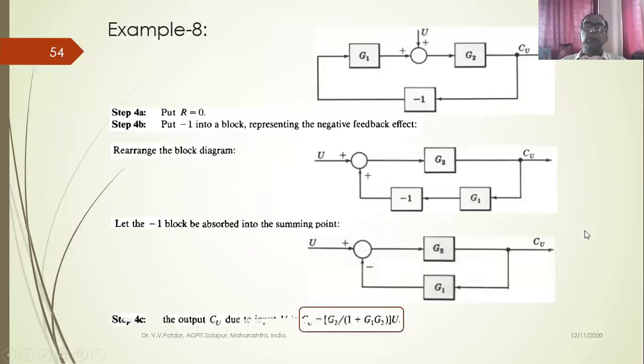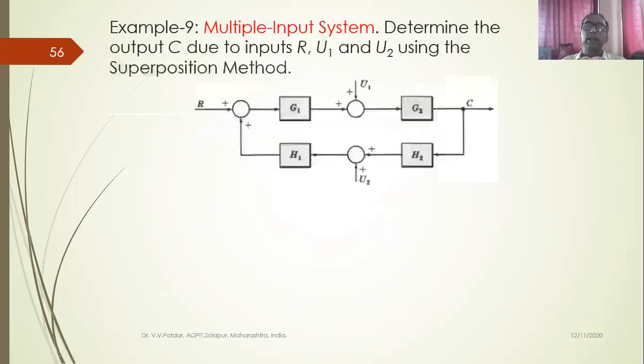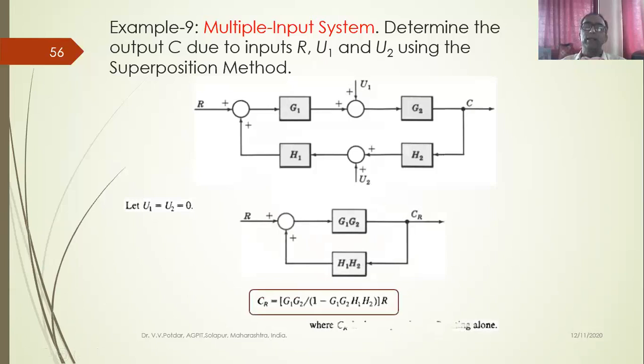These are the previous problems. You can go through this lecture and PPT later on and try to solve these problems on your own. Friends, simple methods, you have to follow the rules of block diagram algebra and get the answers.